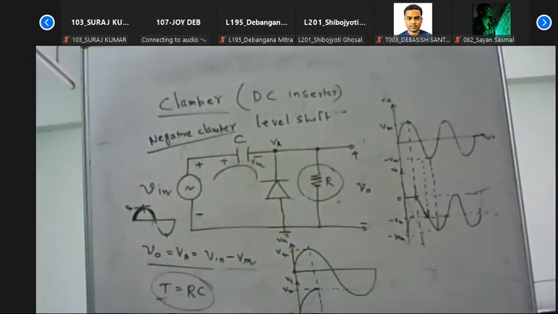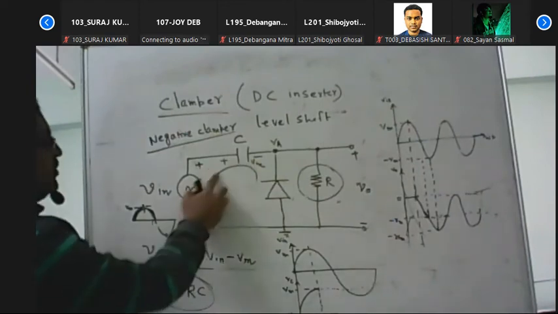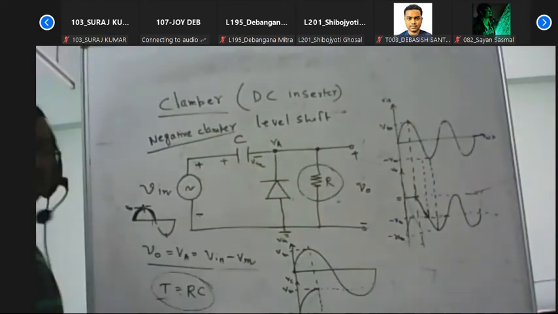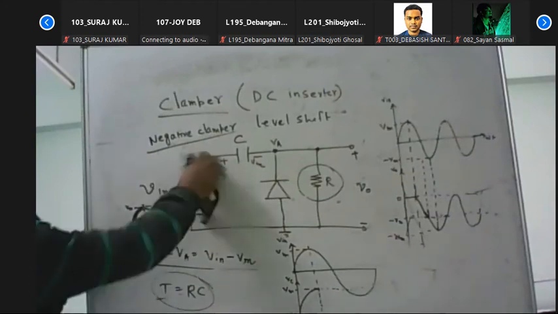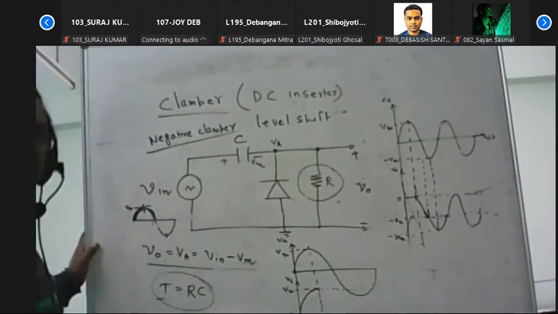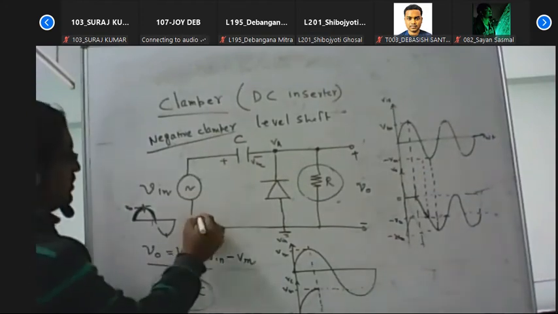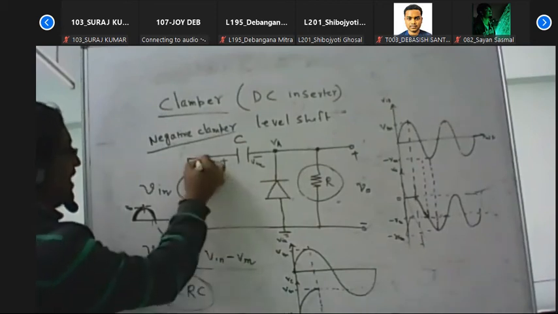Now in that case, the capacitor will be charged if it is a negative half cycle. Negative half cycle means that, with respect to the reference terminal, that terminal is negative.